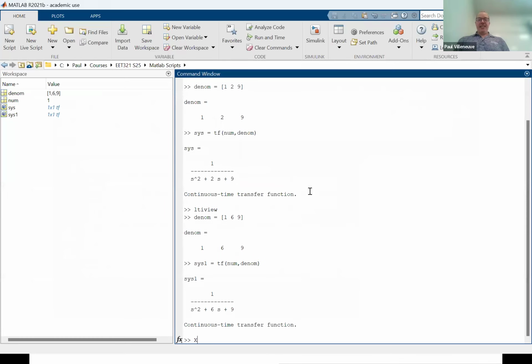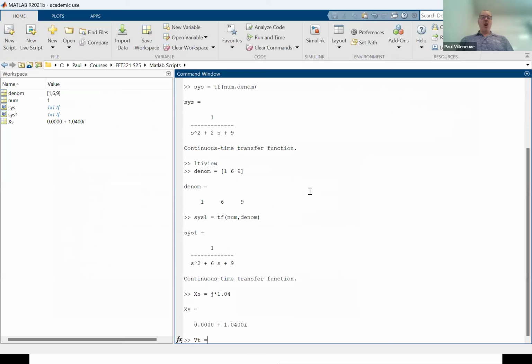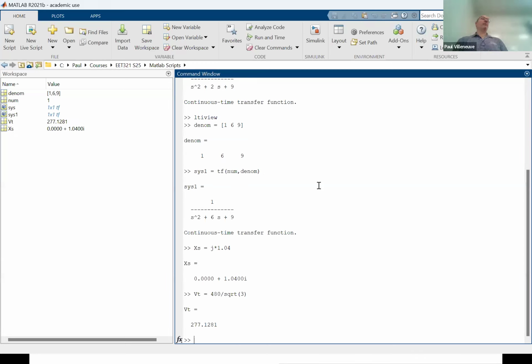All right, so my XS is going to be equal to j times 1.04. My VT is always going to be equal to 480 divided by the square root of 3, at an angle of 0, so might as well just say 277. And now I've got to solve for the current.